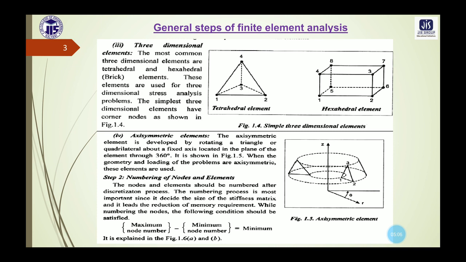And finally we have the axisymmetric elements. The axisymmetric element is developed by rotating a triangle or quadrilateral about a fixed axis located in the plane of the element through 360 degrees.